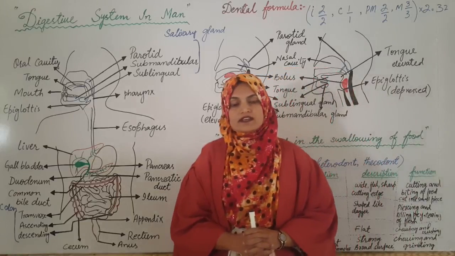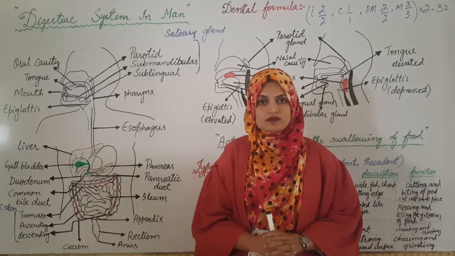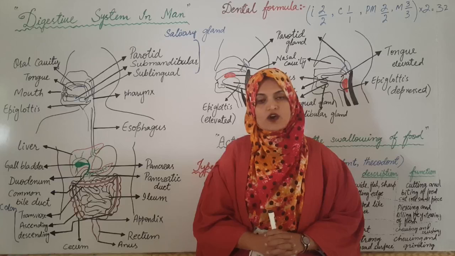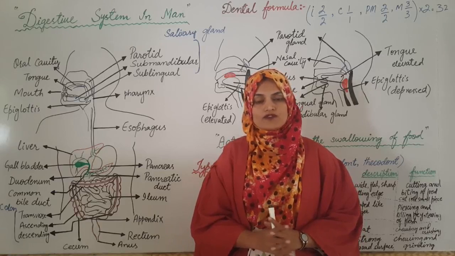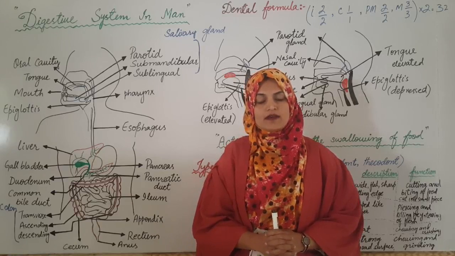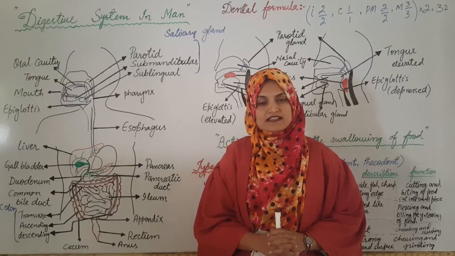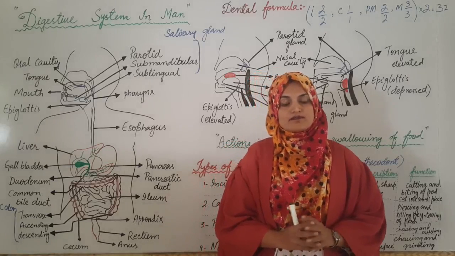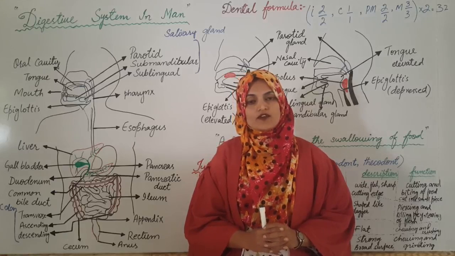The oral cavity bears jaws, the upper jaw and the lower jaw. The upper jaw is immovable, but the lower jaw is movable and bears a number of teeth that help in the breakdown of food into smaller pieces, as a result of which the surface area of the food increases.